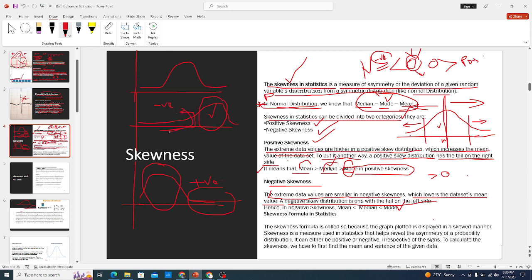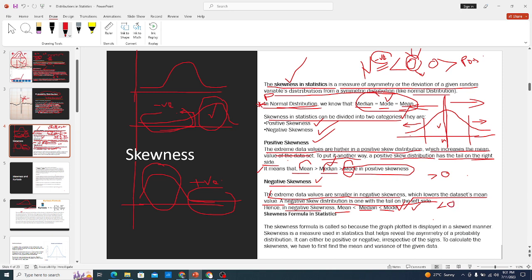You can see the tail is long on the left side. Hence, in a negative skewness, mean is less than median and median is less than mode. Meaning mean is also less than mode. That is another property for a negative skewness. And for a negative skewness, the skewness will be what?